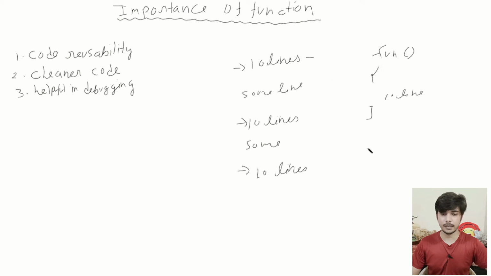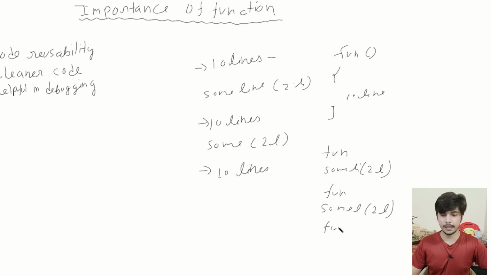For instance, first I will call this function, correct? Then I will write some lines. Let's say these are 2 lines, and this is also 2 lines. So I write here 2 lines, then I'll again execute the function, and then I'll again write some lines, let's say 2 lines, and then I will again execute this function. So if you compare both, in the earlier situation we were writing 10 plus 2 plus 10 plus 2 plus 10, so the total amount we were writing was 34 lines.